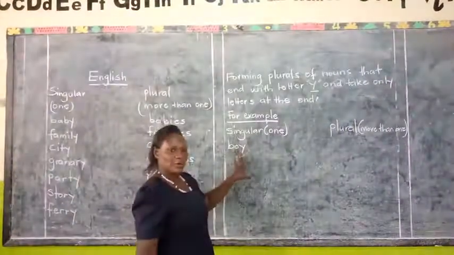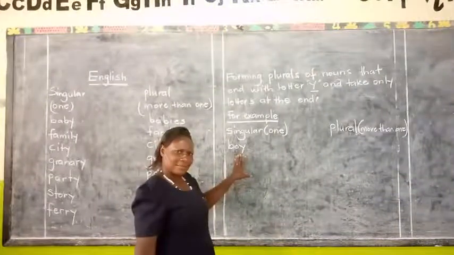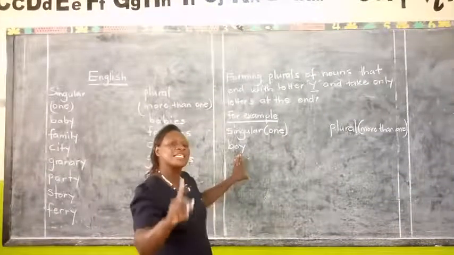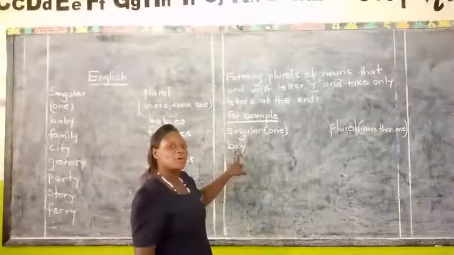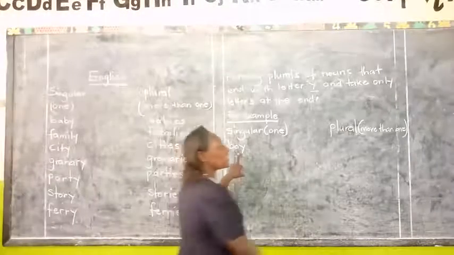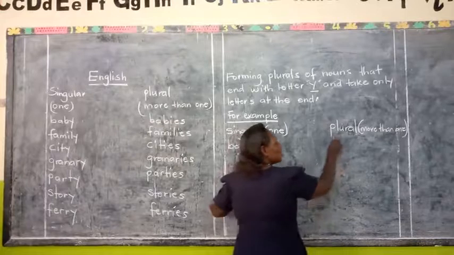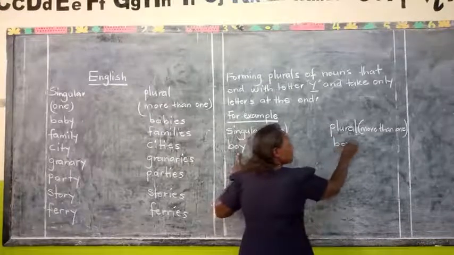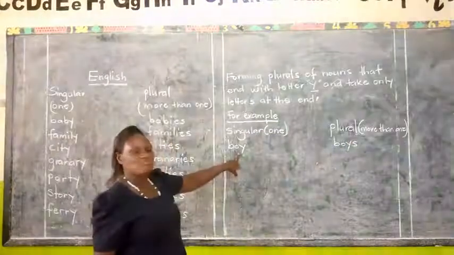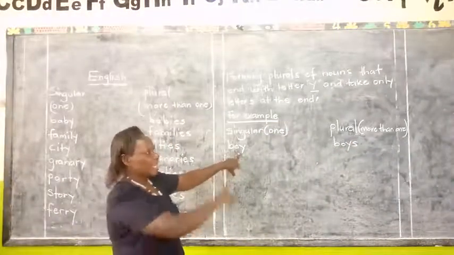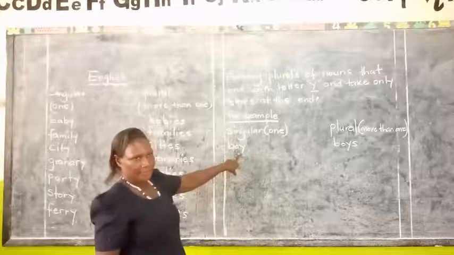For this case, we are going to add only letter S at the end. He is called boy if he is one. What about when they are more than one? We call them boys. We just add on letter S.